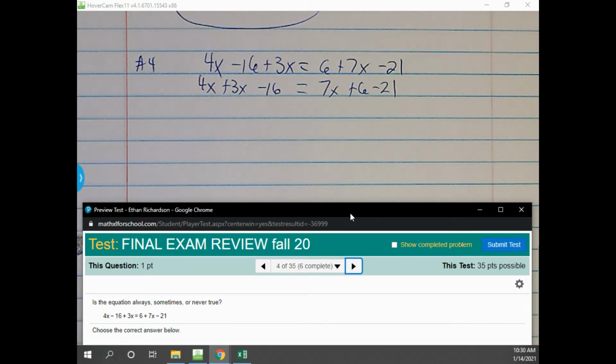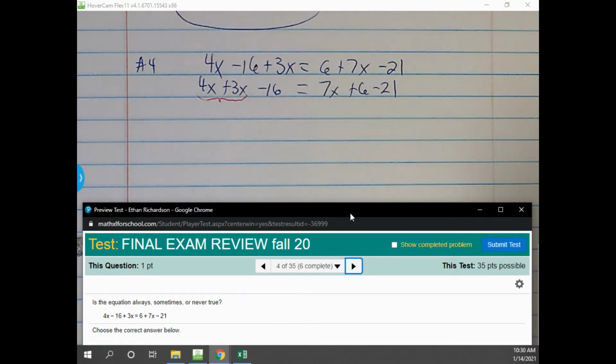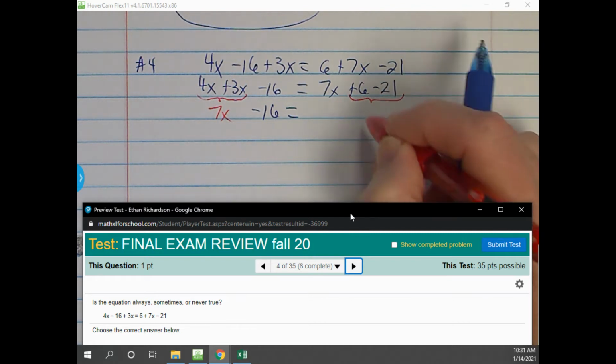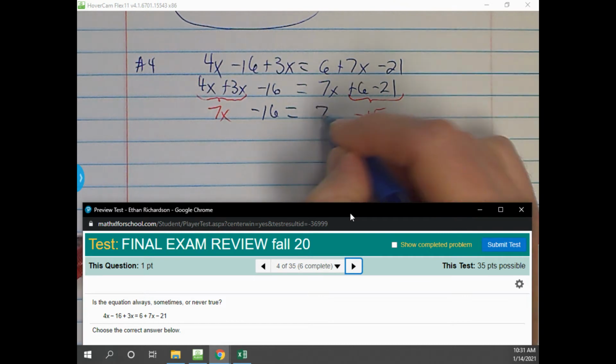And once you've rearranged the terms, anything that's together, you can just put these together. So you can do 4x plus 3x and make that 7x. On the right-hand side, you've got 6 minus 21, so you can make that negative 15. So that would make it 7x minus 15.